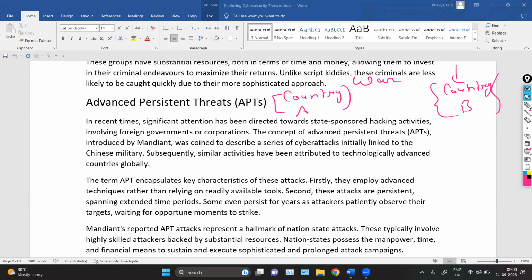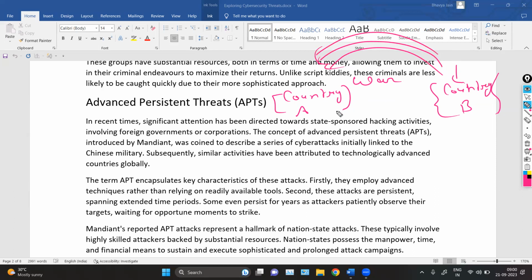They will hire the hackers for hacking the data of country B. Also, country A wants to keep on fetching the data from country B's systems until the war is over.